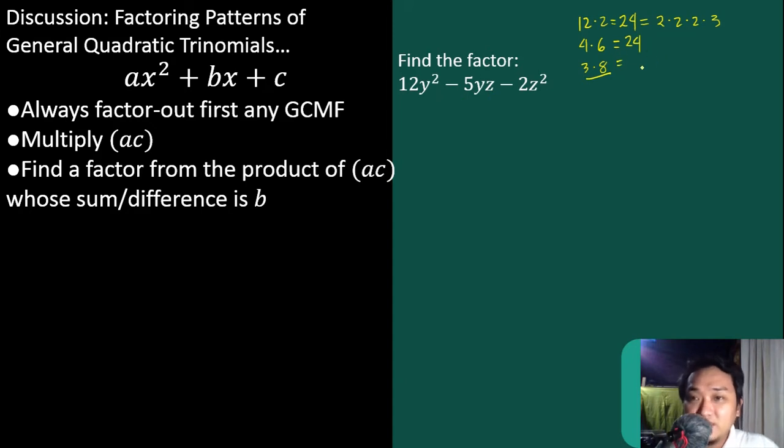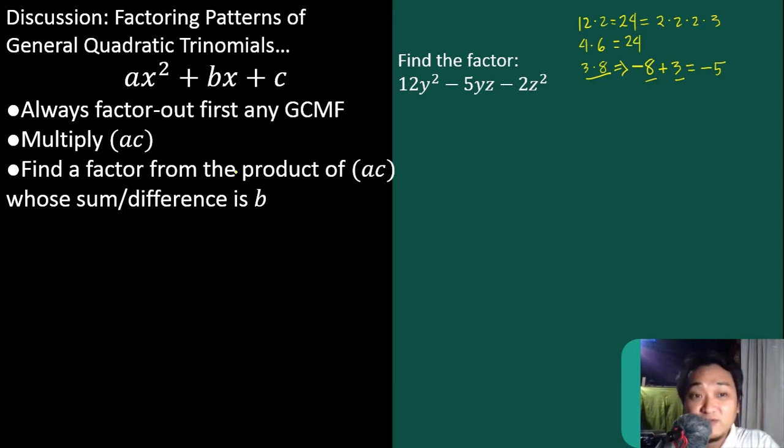So that will be negative 8. This implies negative 8 plus 3. Okay. So negative 8 plus 3 is negative 5. And 8 and 3, if you're going to multiply 8 and 3, that results to 24.